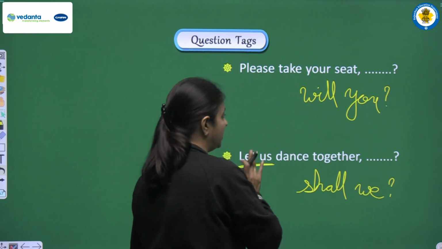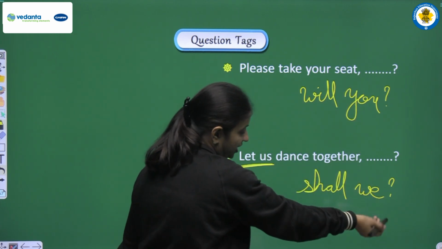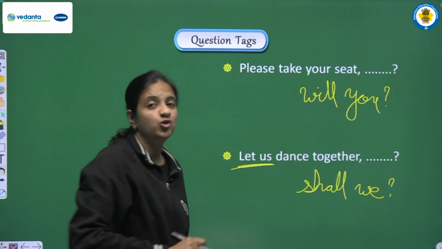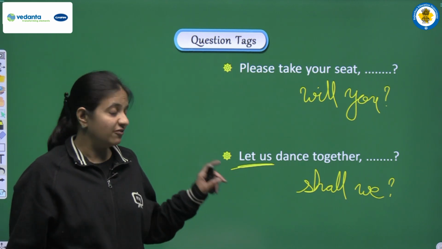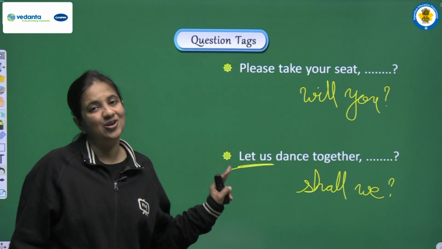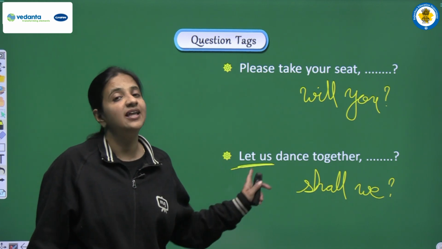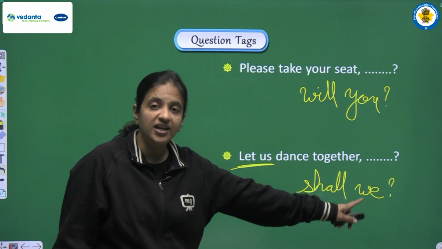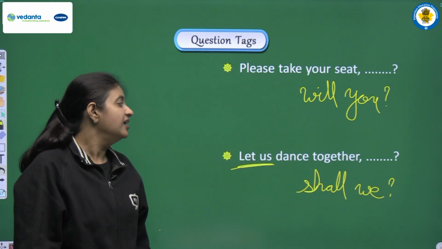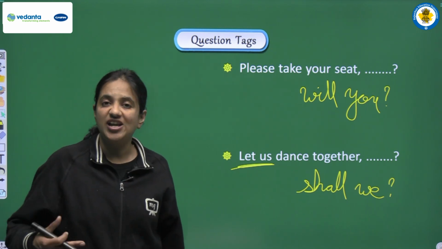So now in place of you we write we, and in place of will we write shall. When our imperative sentence starts with let us, the question tag will be shall we. So the complete sentence will be, let us dance together, shall we.